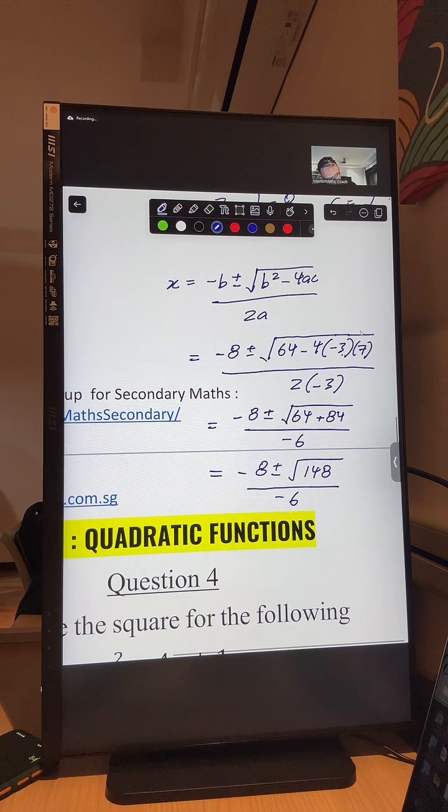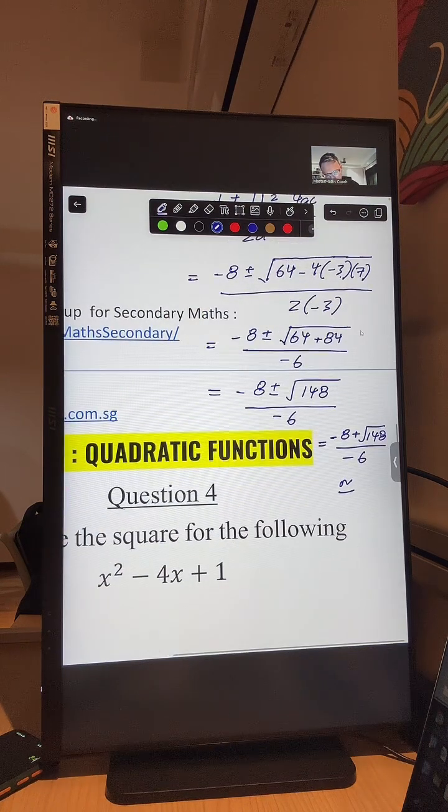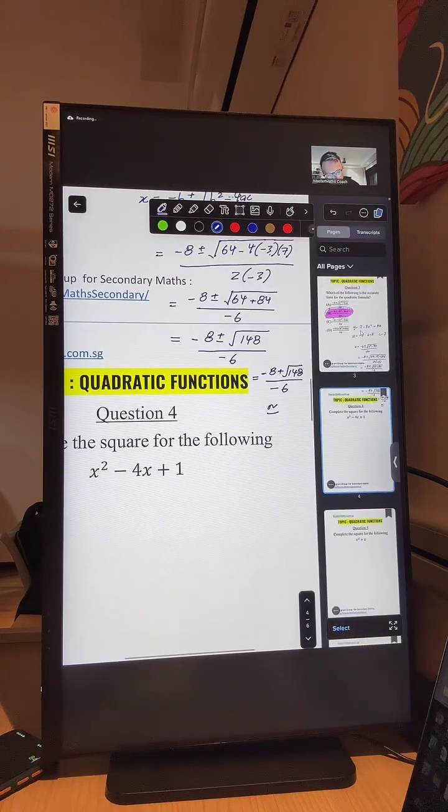So now, what are our two values of x going to be? We're going to have minus 8 plus square root 148 over negative 6, or we're going to have... Wait, hold on. I think this is silly. Let me open up a new page.